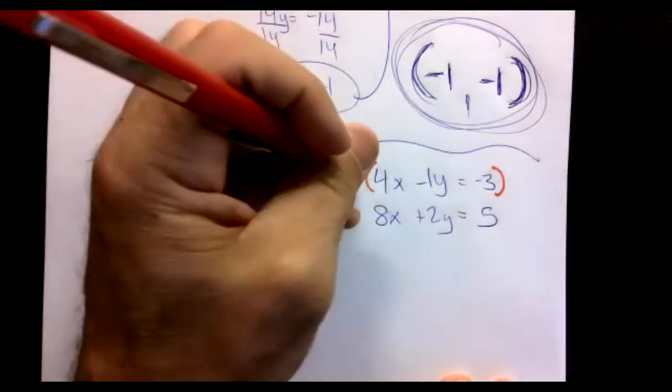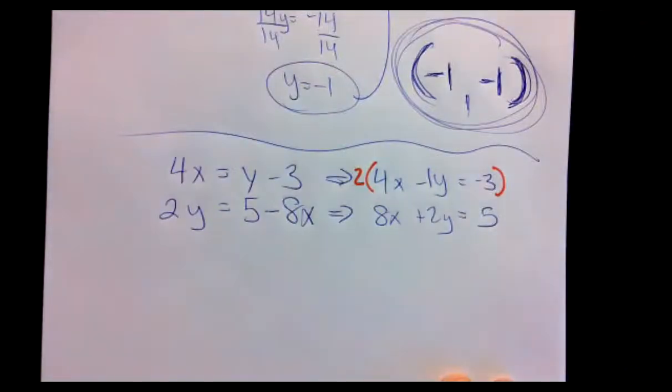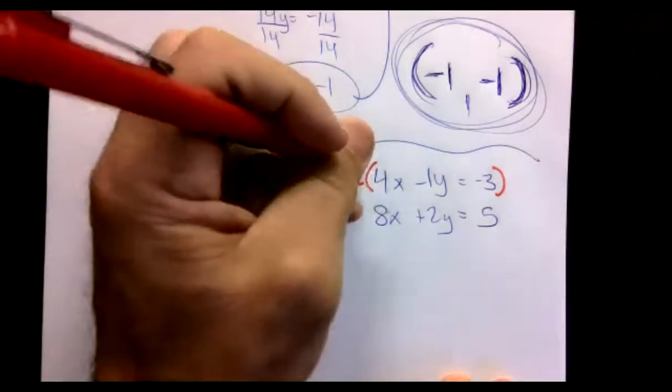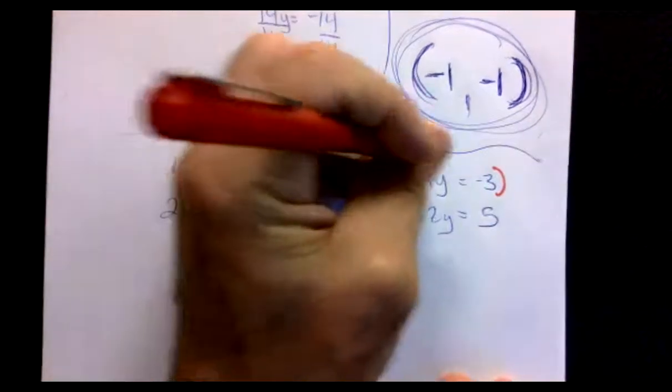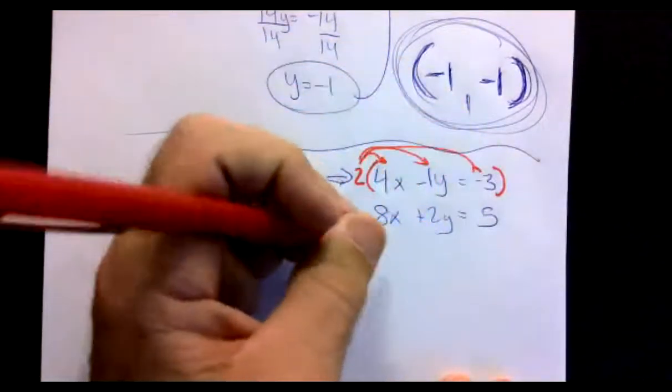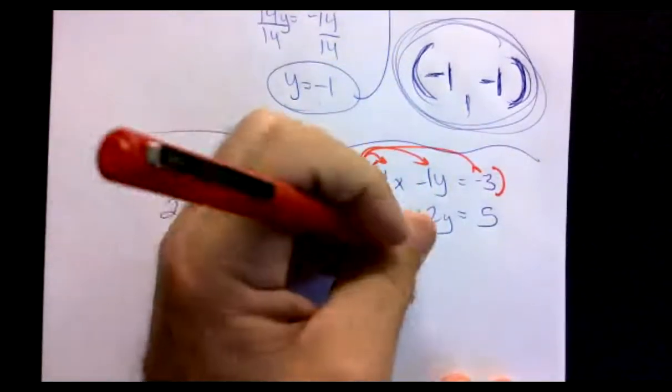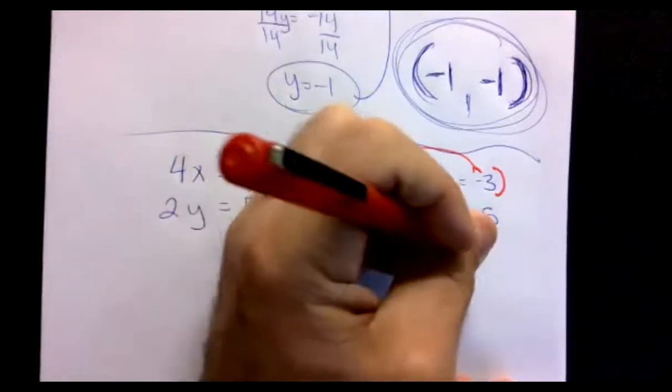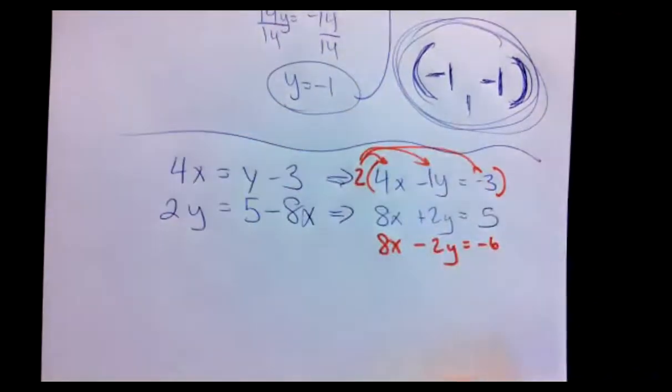So that means I need to double this top equation. So if I distribute my 2, I'm going to get 8x minus 2y equals -6. So I just distributed that 2.